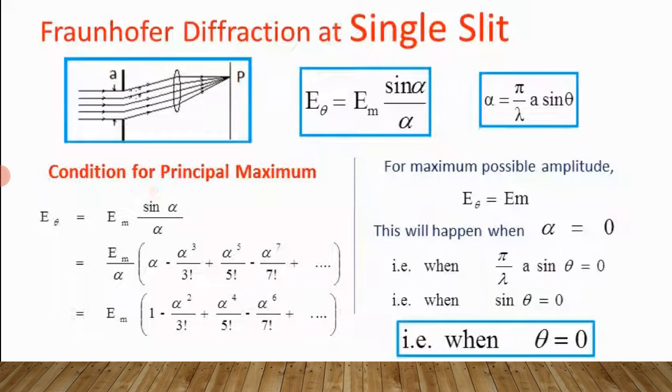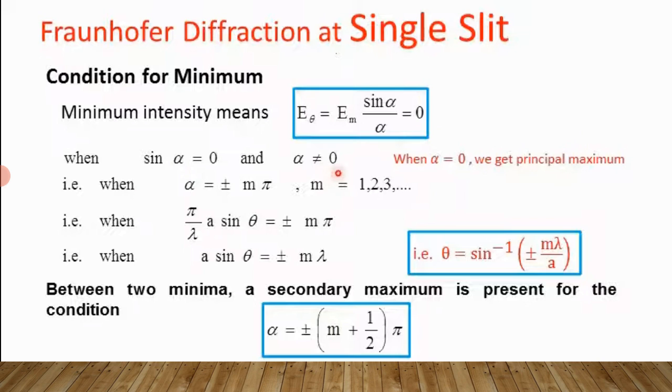Therefore, 1 minus alpha squared upon 3 factorial plus alpha raised to 4 upon 5 factorial minus alpha raised to 6 upon 7 factorial and so on. For maximum possible amplitude, E theta is equal to EM. This will happen when alpha is equal to 0, that is when pi upon lambda A sin theta is equal to 0, that is when sin theta is equal to 0, when theta is equal to 0.